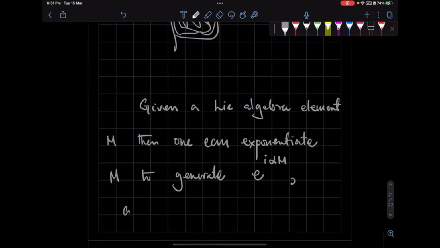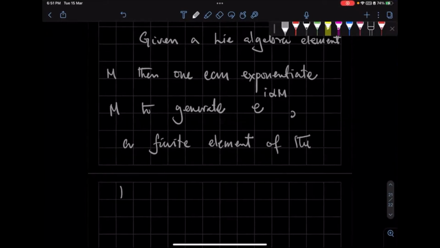So this is a finite element of the Lie group G, right?